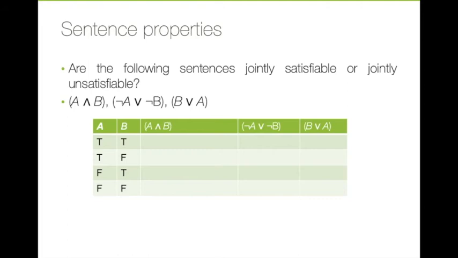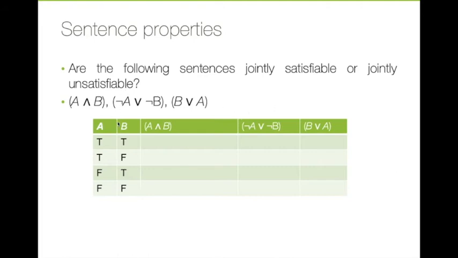So each complex sentence gets its own column, so we can determine that whole sentence's truth value on the valuations in those left 2 columns. And again, the columns under the simple sentence letters are set up exactly the way they were before.